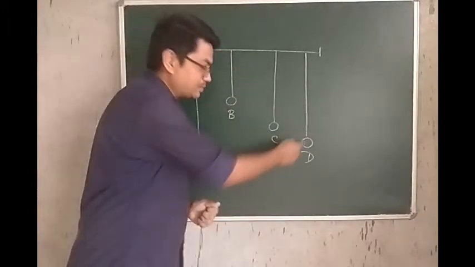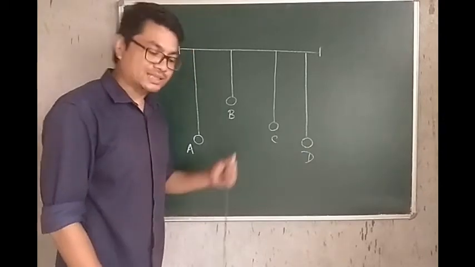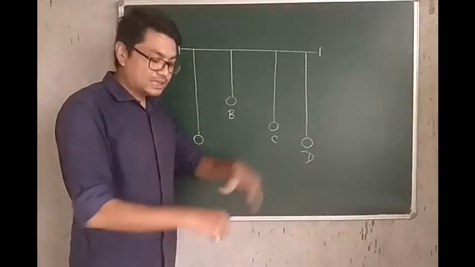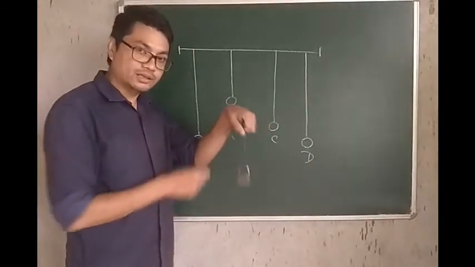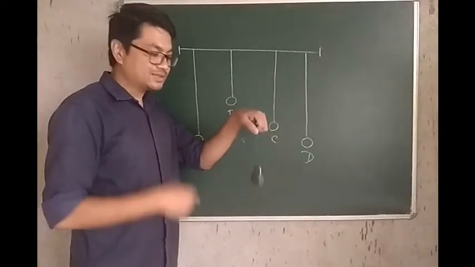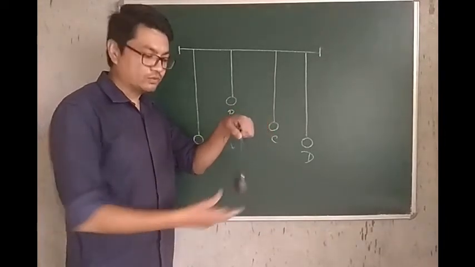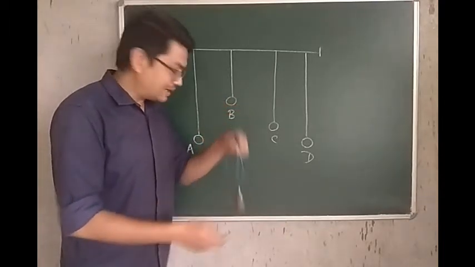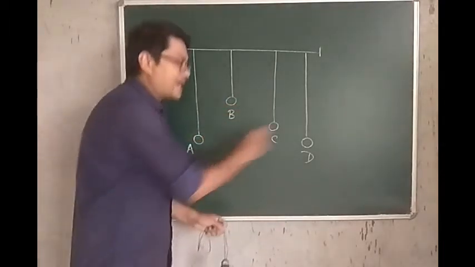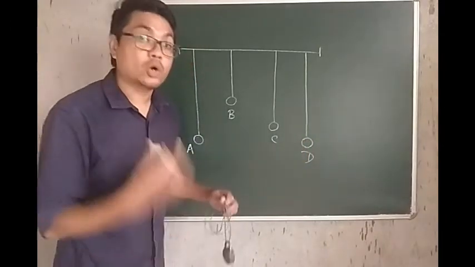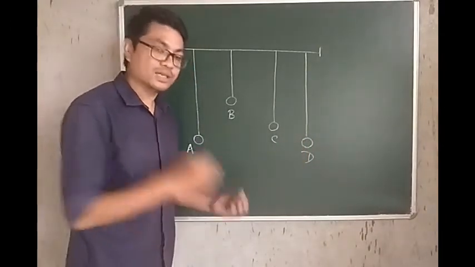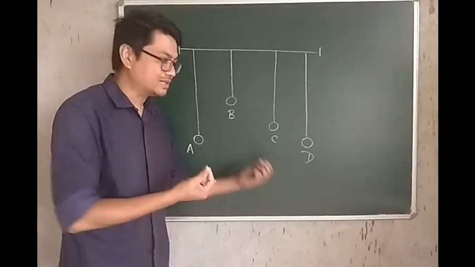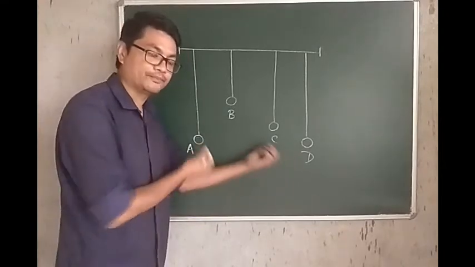But with pendulum D, you will see that it starts oscillating very slowly with very small amplitude, initially. A and D will start oscillating in phase. If A comes this side, D will also come this side, like this.